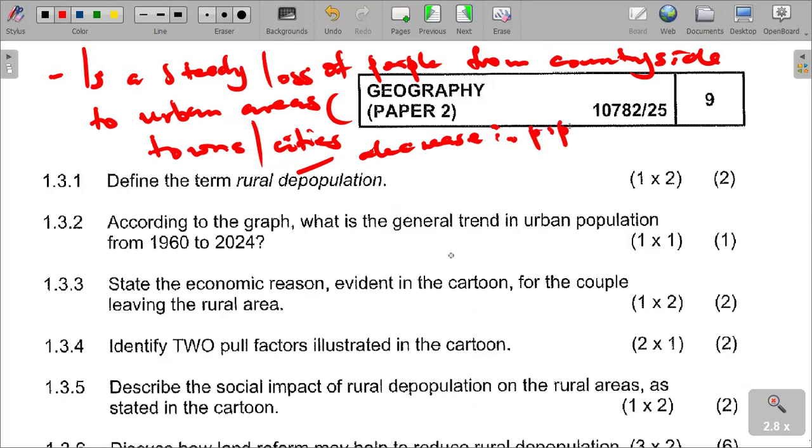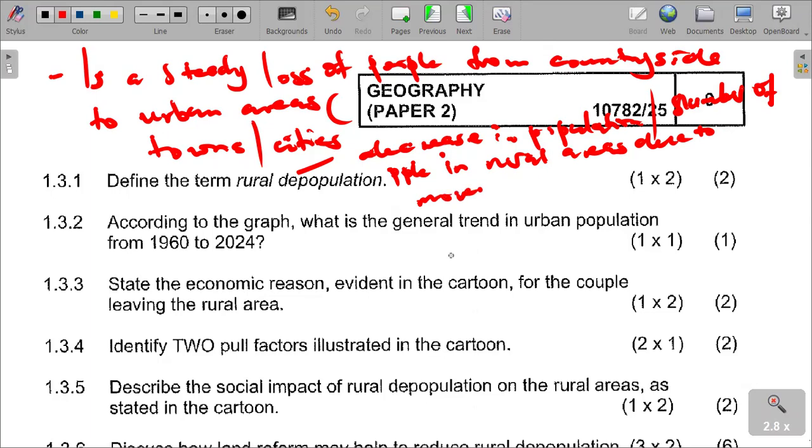In population, in the number of people in rural areas due to movement to cities. People are moving to cities. That is what you need to understand.